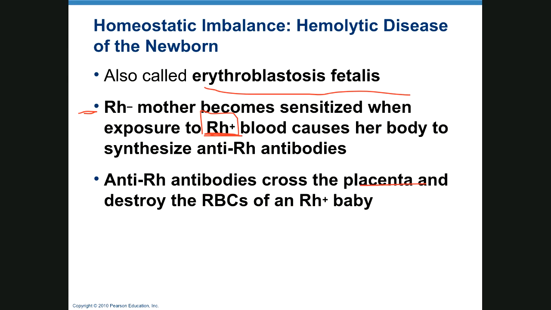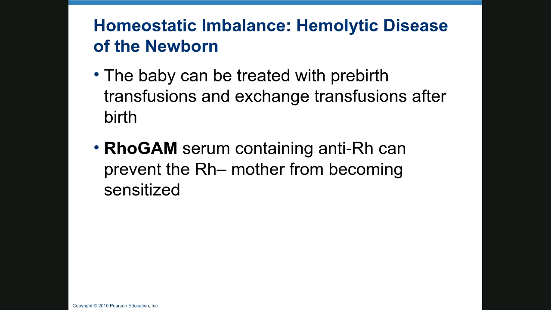This can be lethal to the children if it's not treated. What you do is RhoGAM, it's a serum, it has anti-Rh antibodies in it, give it to the mother, and several times, I don't remember the protocol, but it will prevent the mother from being sensitized.